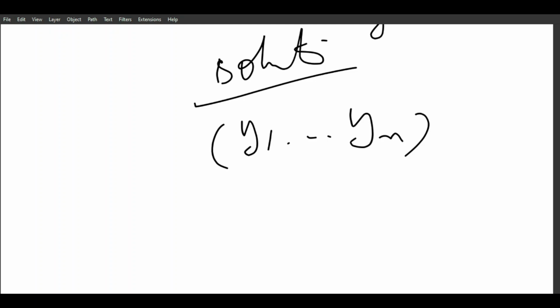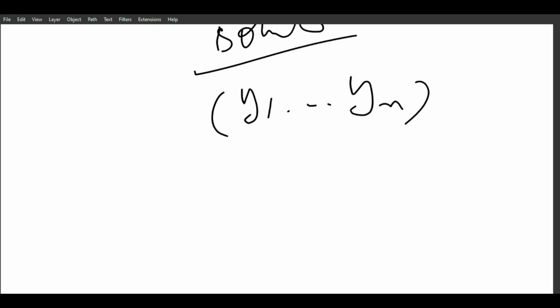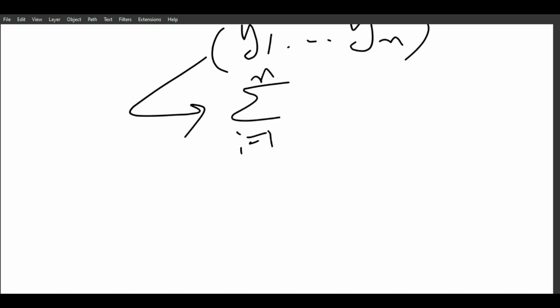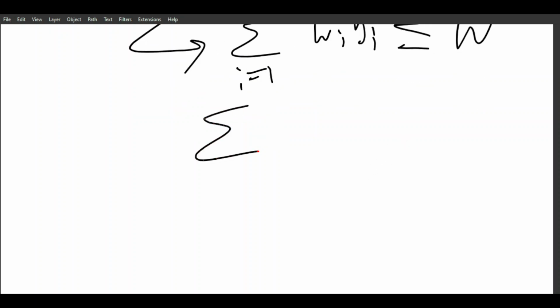It should satisfy all the constraints, and the constraints are, so all constraints are satisfied. So we should have the sum over i is 1 to n of wi yi, this should be at most capital W, and our profit is the sum over i is 1 to n of pi yi.